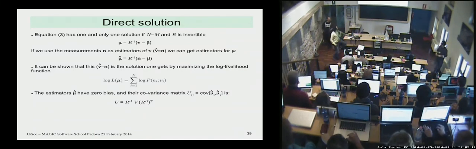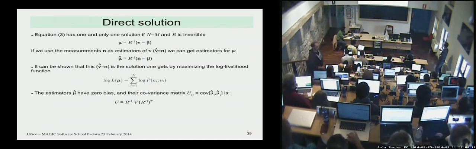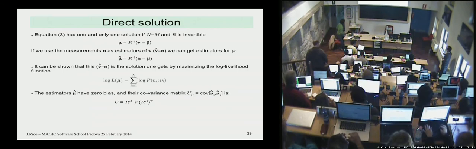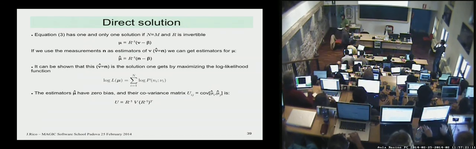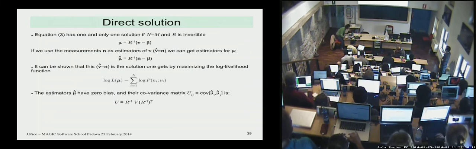Now, the direct solution. I will concentrate, for practical purposes, on the case when n is equal to m and R is invertible. R is normally invertible for most practical cases, and you can always impose this by selecting your binning in your data. So now you can invert the previous equation, and you get that mu is equal to the inverse of the migration matrix times nu minus beta.